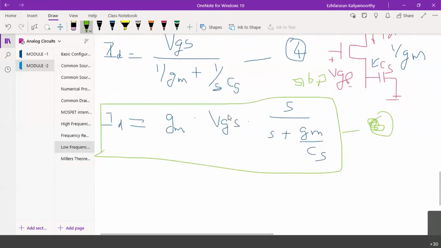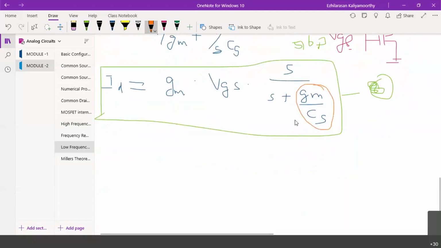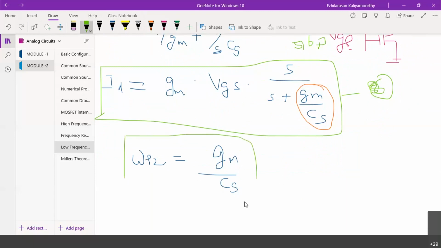Now from this we can observe this one. This is another cutoff frequency. These all are the poles, S by S plus all are poles. Now from this I can find another cutoff frequency, that is omega P2. Omega P2 is equal to Gm by CS.